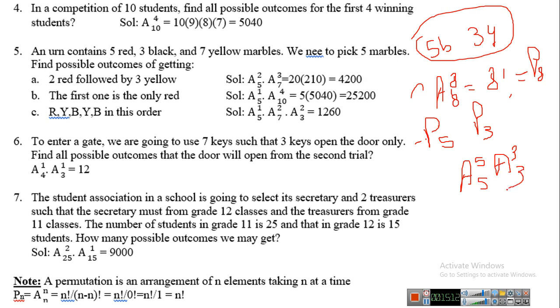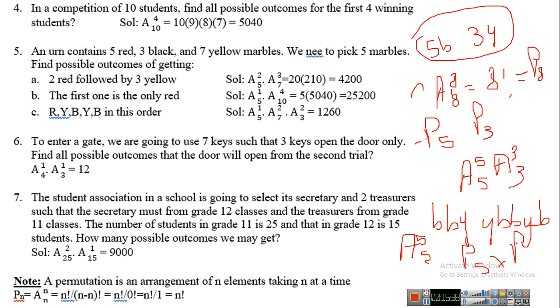Or even if I want the order black, black, yellow, yellow, black, black, yellow, black, in this order. How many black do I have? 5. So I say arrangement 5 out of 5, or permutation of 5 times permutation of 3. 5 out of 5 is also called arrangement, but permutation by definition is n out of n.